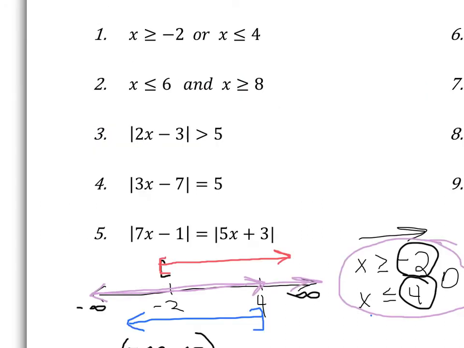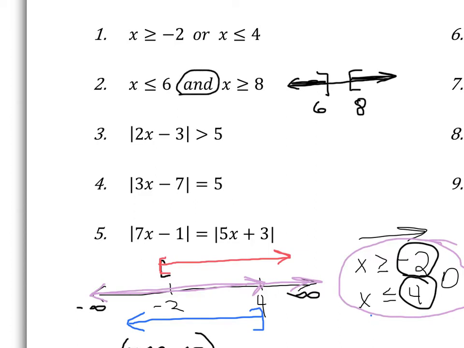Now let's look at number 2, and I want you to visualize this. x is less than or equal to 6 and x is greater than or equal to 8. Well, if you draw a number line, then you know that x is going to be everything less than or equal to 6, but x also has to be greater than or equal to 8.